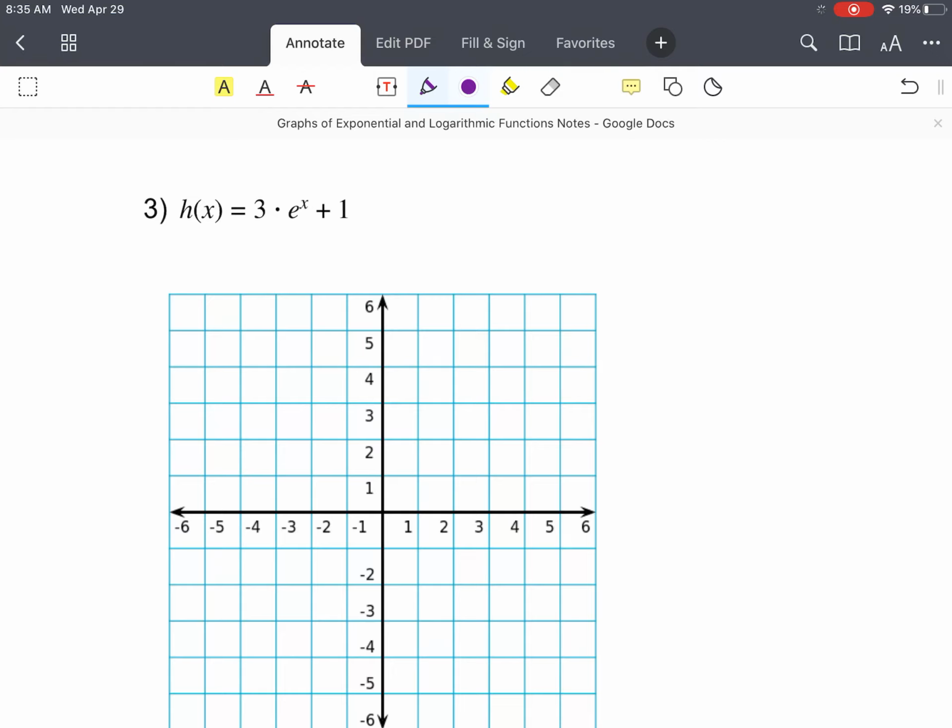So if it's 2.71-ish, that's just going to be regular exponential growth. So that's not going to mean anything. That plus 1 means that we're going to go up 1. That times 3 is a vertical stretch of 3.